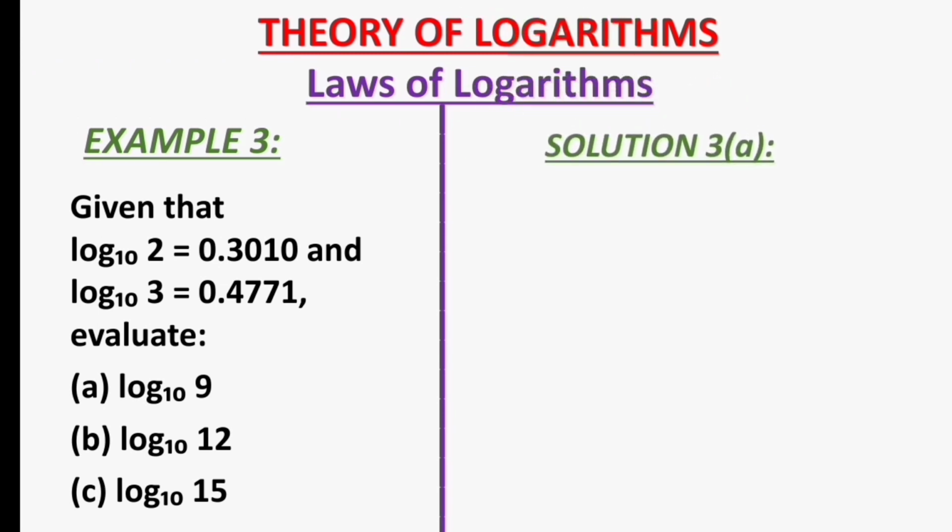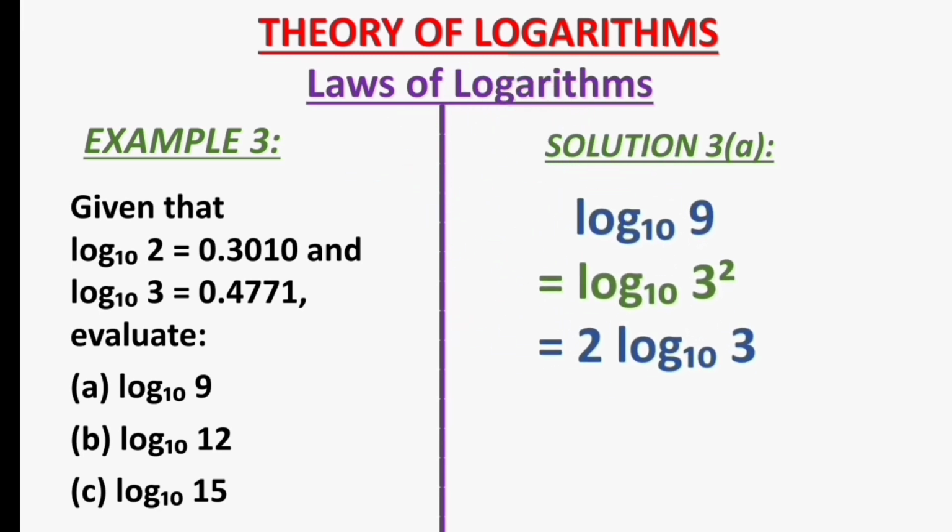Let's see the solution to question 3A. Simplifying the logarithm to the base 10 of 9, we are going to get the logarithm to the base 10 of 3 raised to power 2, which will simplify into 2 multiplying the logarithm to the base 10 of 3. When we substitute 0.4771 for the logarithm to the base 10 of 3, what will be our answer to question 3A?